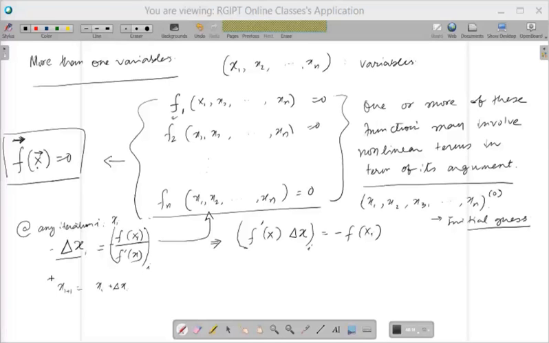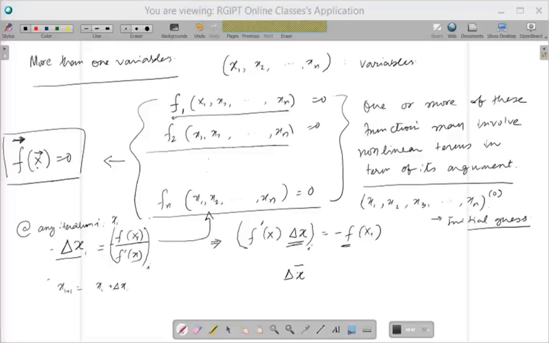Then apply this to the multivariable case, multiple functions. Right hand side will be a vector, and delta x will be a vector because x's are vectors. So delta x will be replaced with the delta x vector.